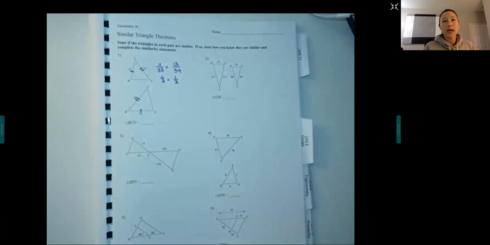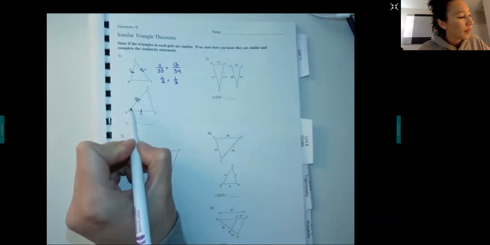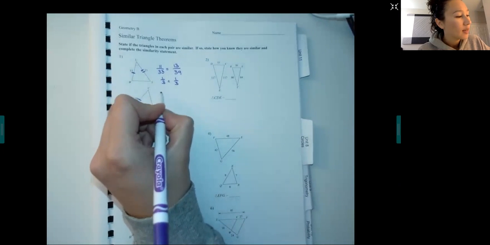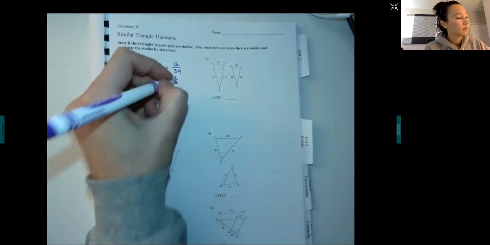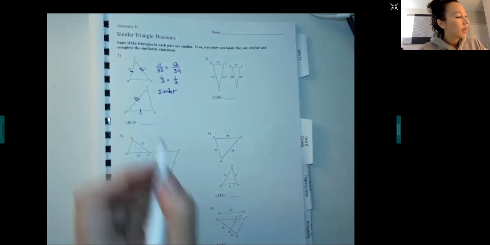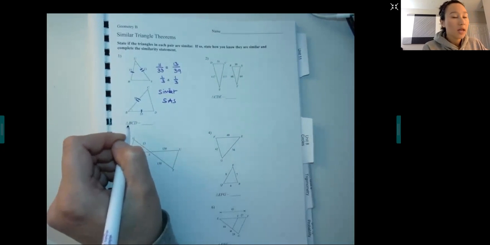So yes, the sides are proportional, and the angles between them are congruent, right? Then we know that they are similar because of side, angle, side. We have the two sides and then the angle in between. So that means that triangle BCD is similar to triangle UVW.